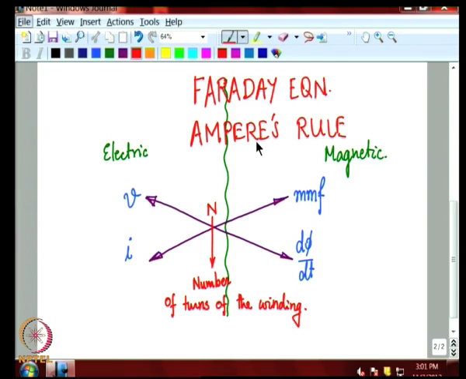So, now coming back to the whiteboard. The n is the number of copper turns, which is wound on the magnetic core. And how are these related?